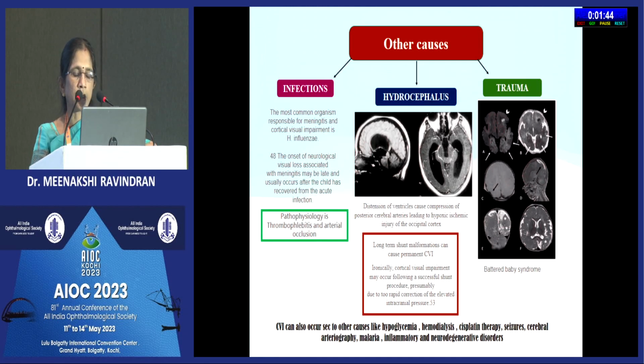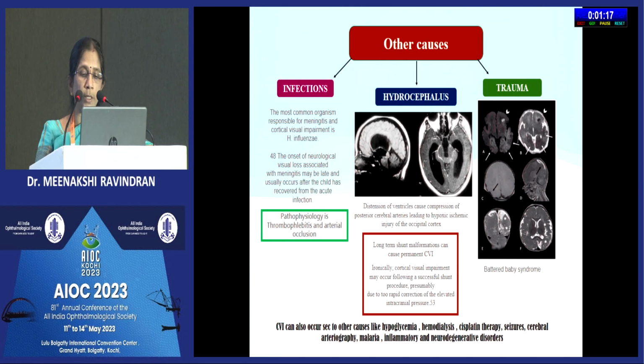And here it is possibly because of the HIE, because of the compression of the posterior cerebral arteries in hydrocephalus. And we should not forget that trauma can also cause it, and battered baby syndrome. It is much more common in Western countries, but I think in the coming years we may also see some changes, because our culture is also changing. The other causes are hypoglycemia, hemodialysis, seizures.